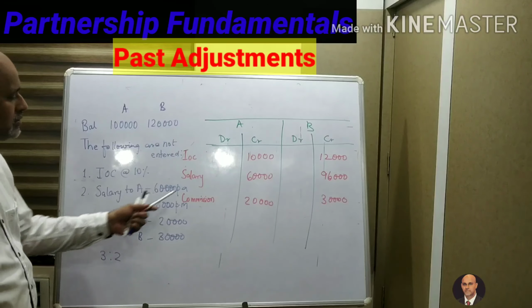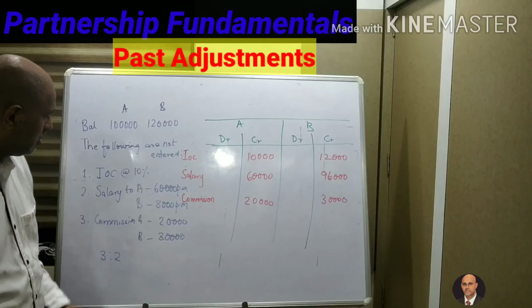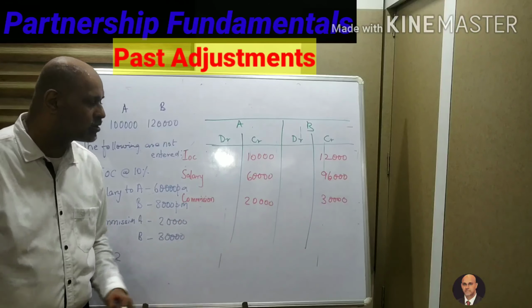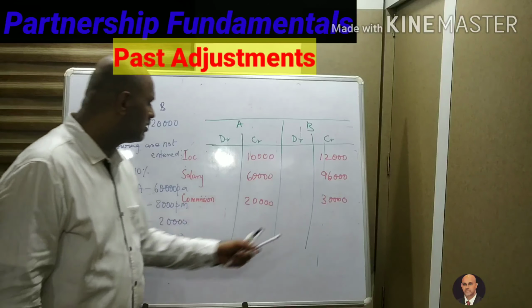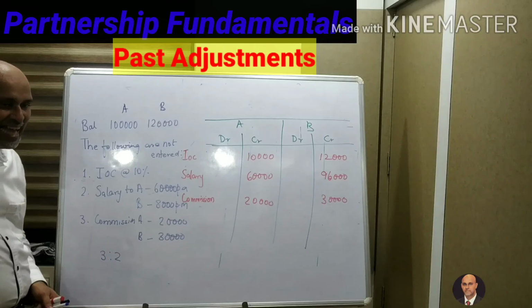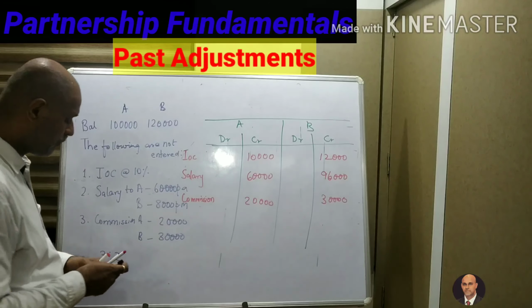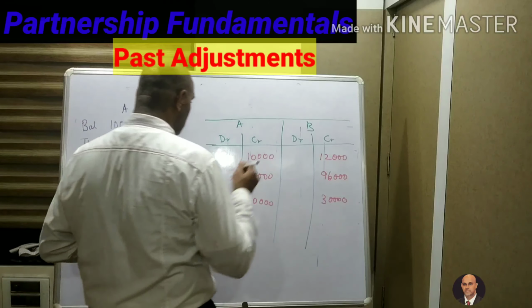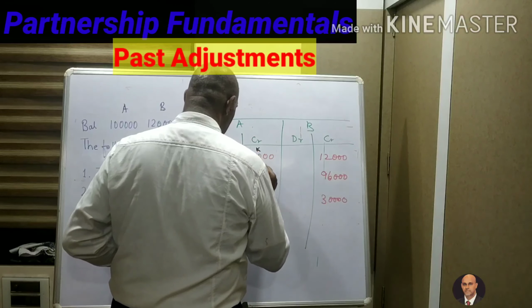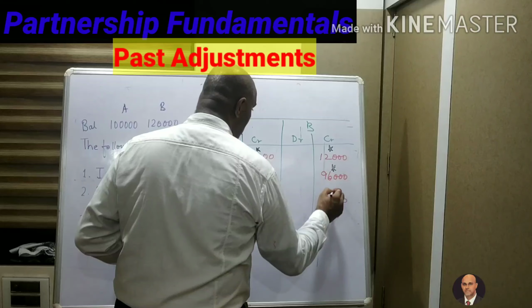Salary to A 60,000, salary to B 96,000, commission 20,000 to A and 30,000 to B. Now what I do is total up all these 6 figures, all of A and all of B also.